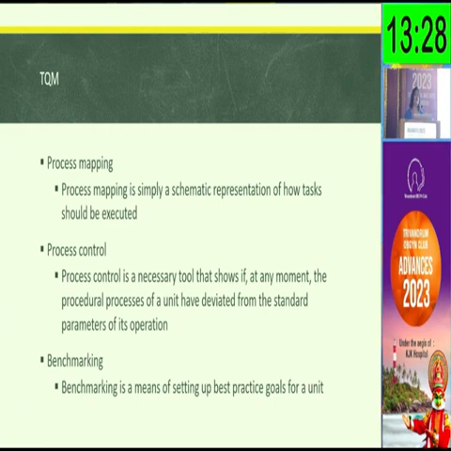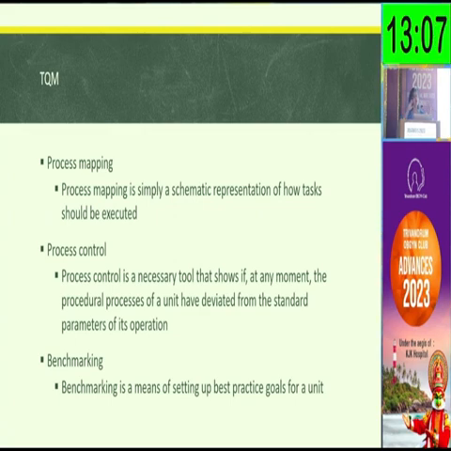When we're looking at TQM, we have three important aspects that we need to do. One is process mapping. Whatever we are doing in the IVF lab, including the making of the dishes, as you know, who are all involved in preparing the SOPs, we have pictures, we have a description, and we have a picture of how a dish must be kept.